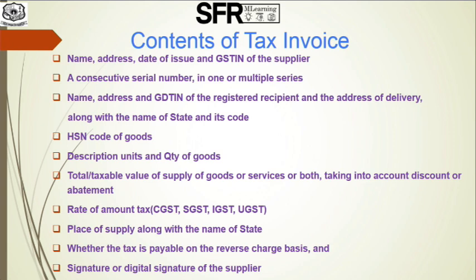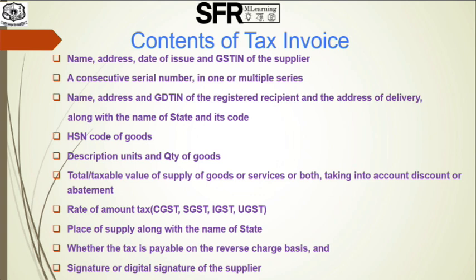or accounting code of services, description, unit and quantity of goods, or total taxable value of supply of goods or services or both taking into account discount or abatement if any. Rate and amount of tax, that is CGST, SGST, IGST, UGST.